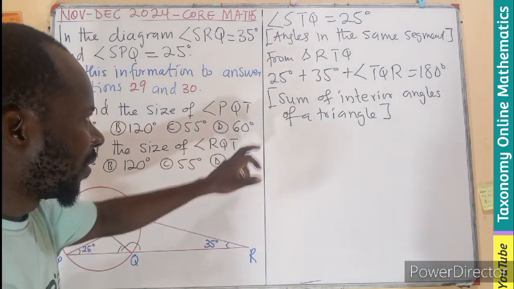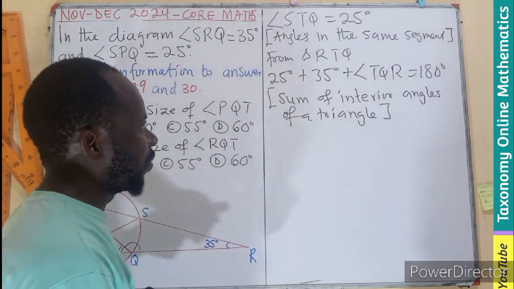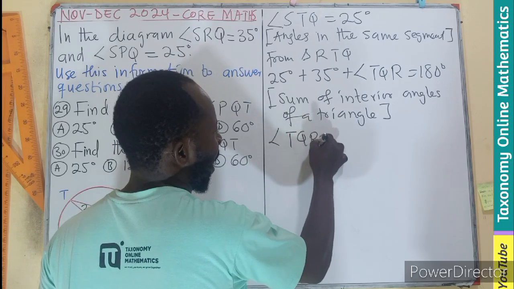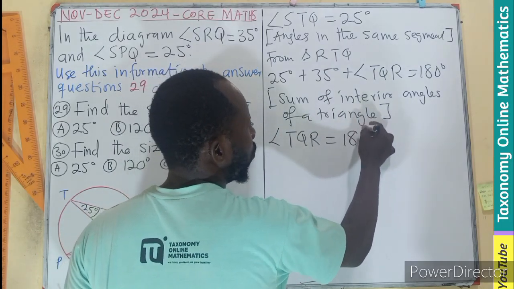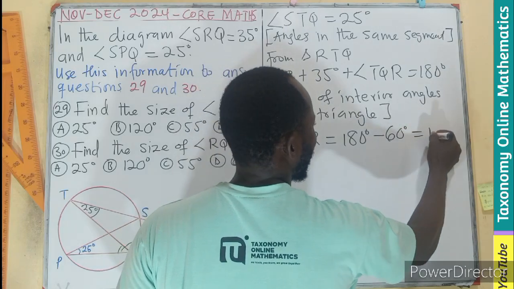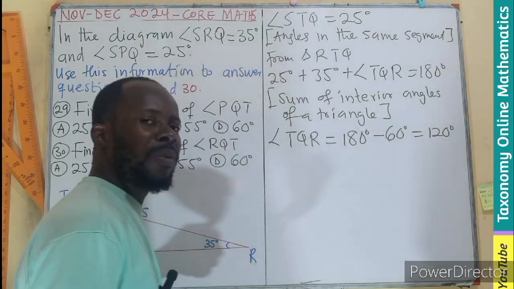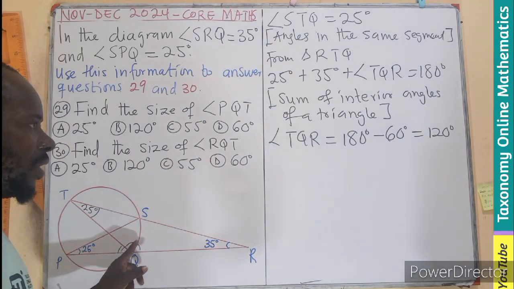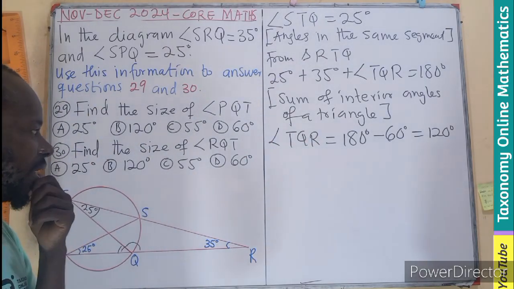So in that case, this will be 60. So I'll have the angle TQR equals 180 degrees minus 60 degrees, and that will be 120 degrees. So this very angle, this obtuse angle here, is going to be 120 degrees.